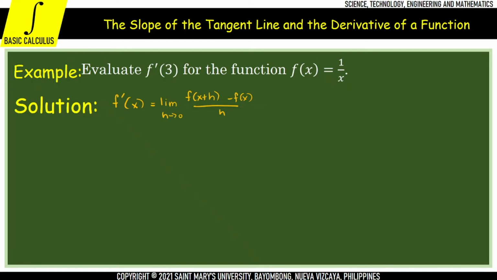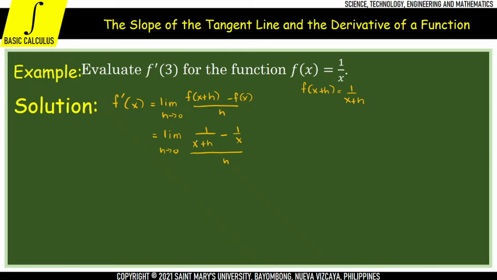Okay, for our given function, our f of x plus h is equal to 1 all over x plus h, which means that the limit of f of x plus h is 1 all over x plus h minus 1 all over x, all over h as h approaches 0.